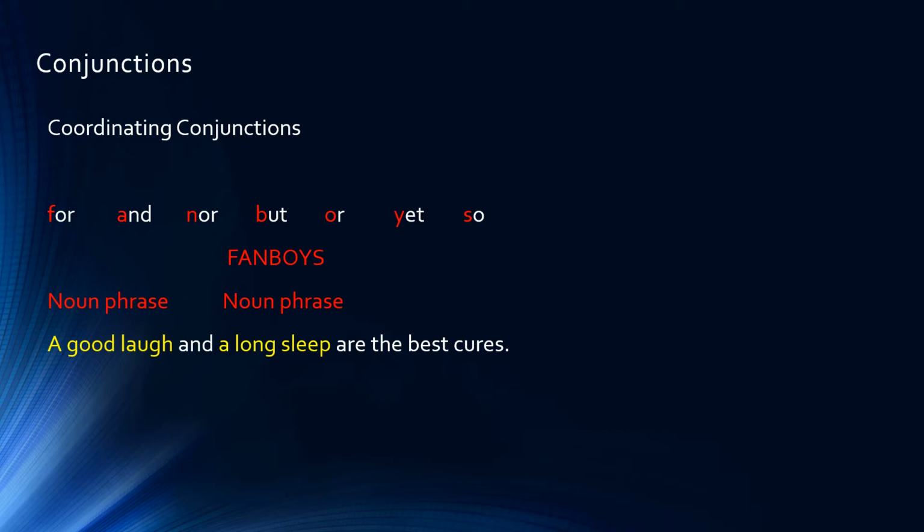If you look, we've got a noun phrase on either side of the conjunction and. We've got a good laugh, which is a noun phrase, and a long sleep, which is a noun phrase, and they're connected by the coordinating conjunction and. So there are 2 equal parts that are being conjoined by this coordinating conjunction.